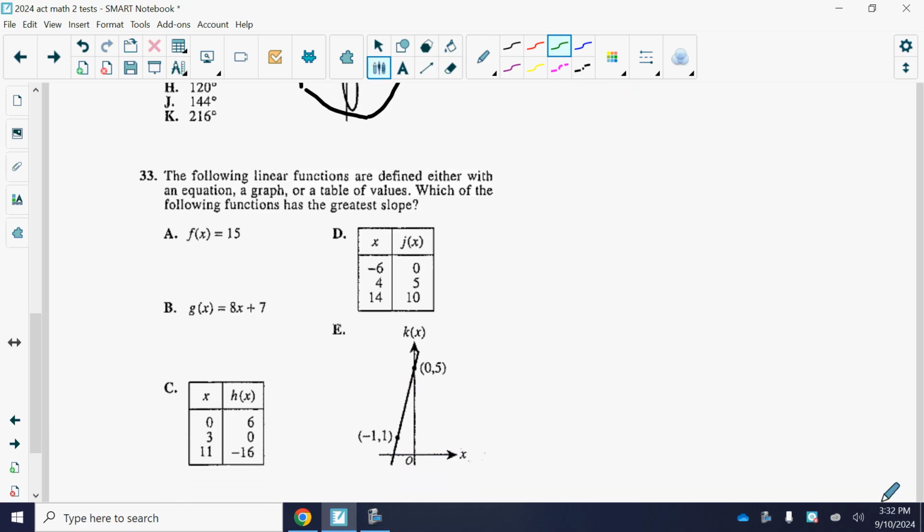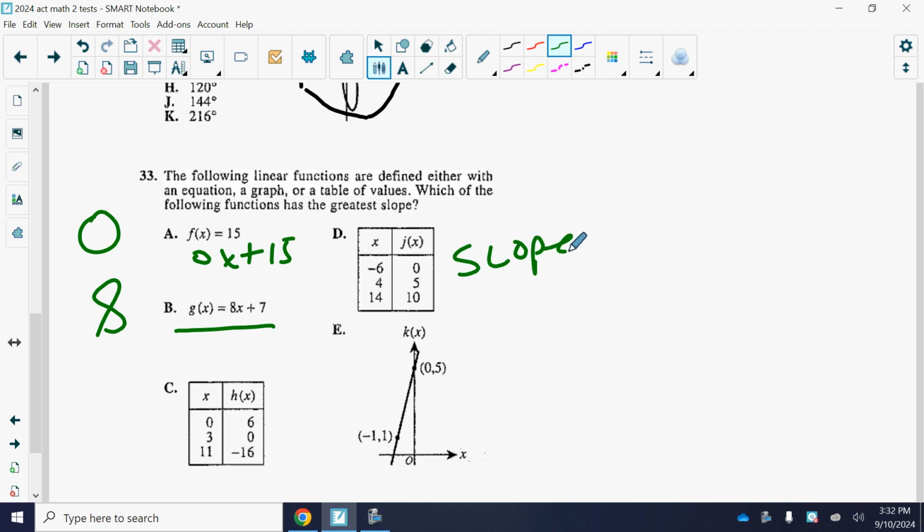Greatest slope. This was a tough one for some people. You got to know your math. The slope is the number next to the x, so this has a slope of 8. This is y equals 0x plus 15, so the slope is 0. Here you could use your slope program, which would be rise over run.